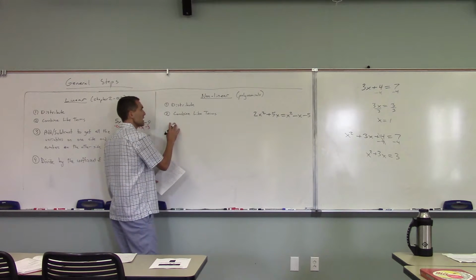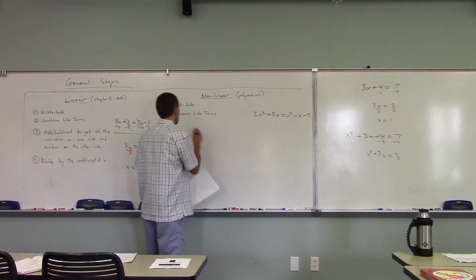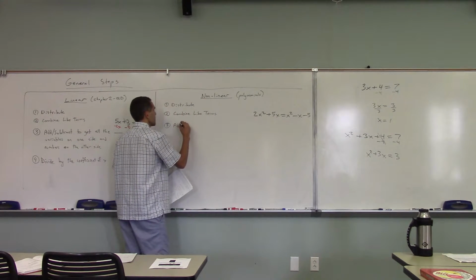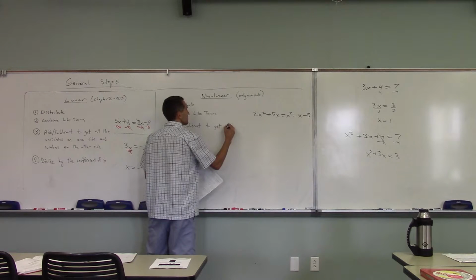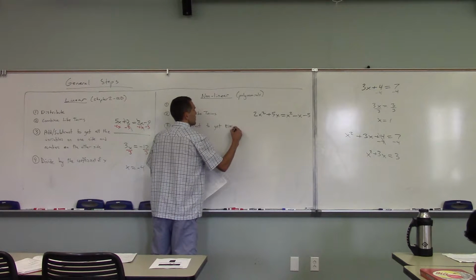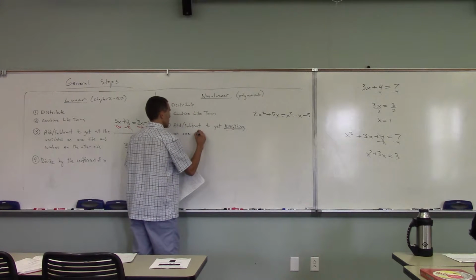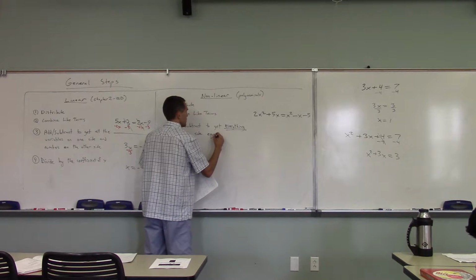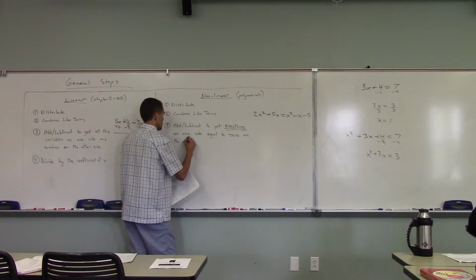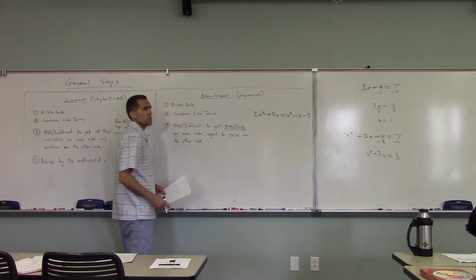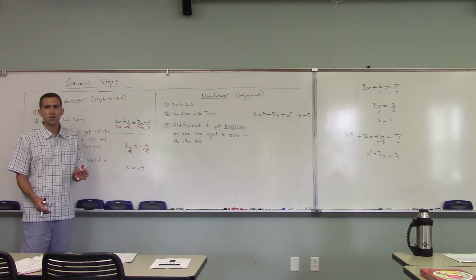Okay, my next step here, instead of adding and subtracting to get x's on one side and numbers on the other, instead we're gonna add or subtract, we want to move everything to one side with addition and subtraction so that it's equal to 0.